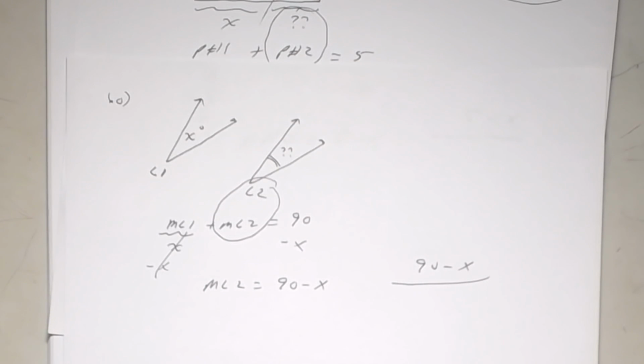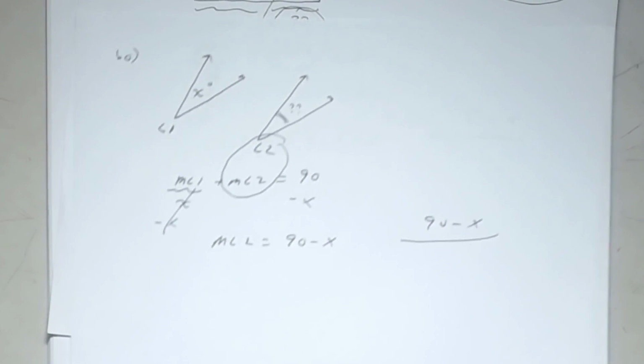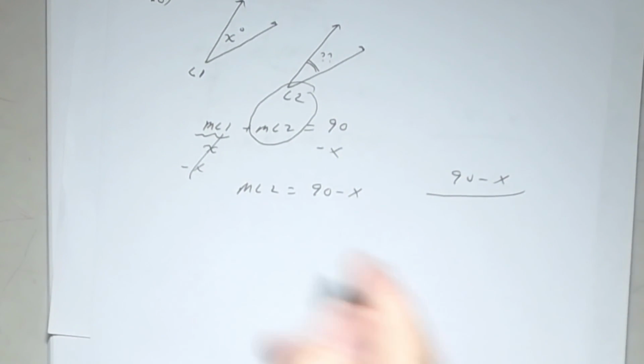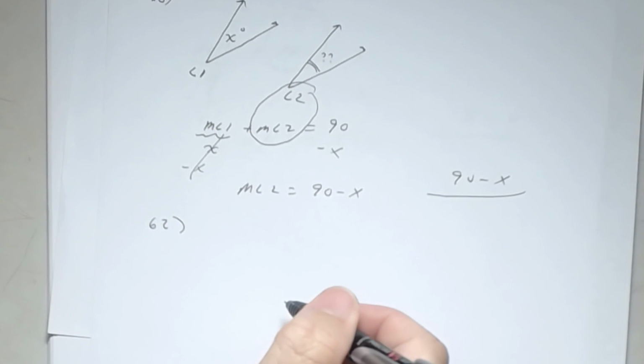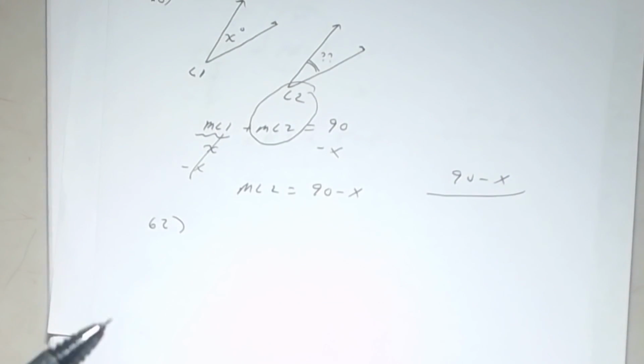All right, 62. Okay, so the longest interstate highway in the U.S. is I-90, which connects Seattle, Washington, and Boston.